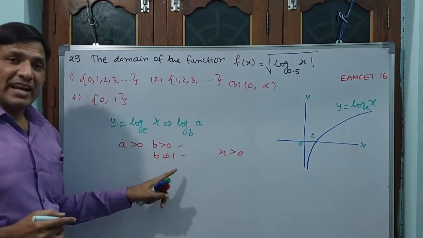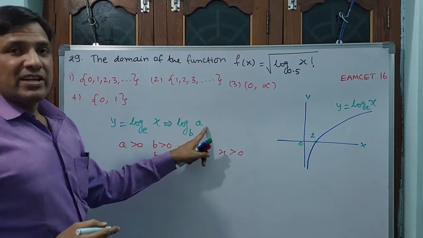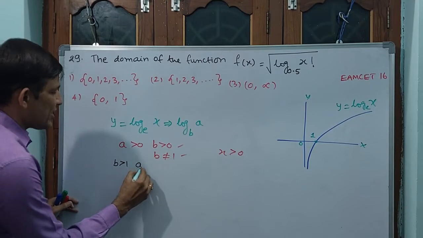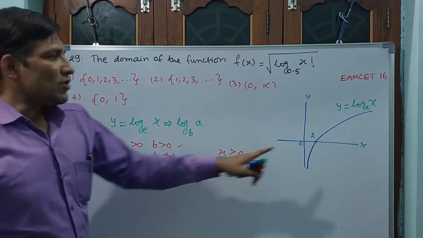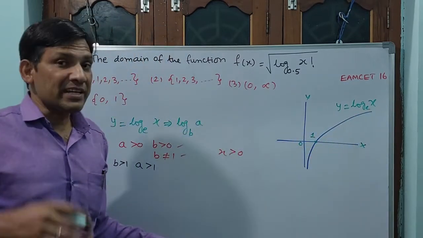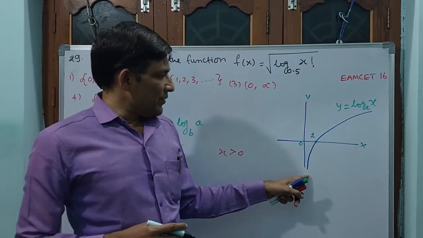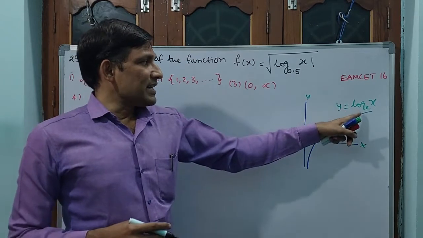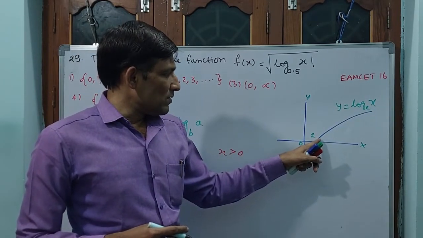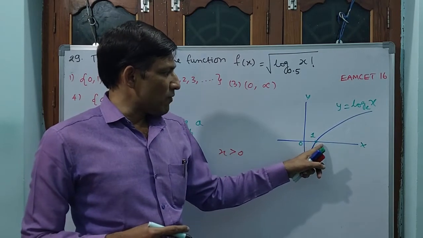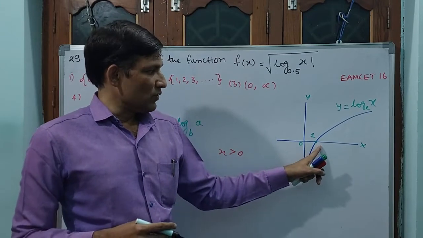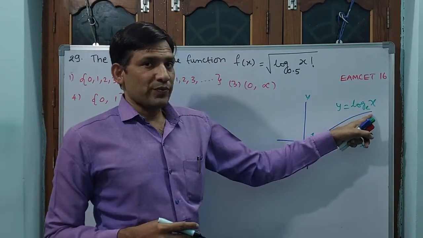Another thing, if the base is greater than 1 and a is greater than 1, you see here I am writing, if b is greater than 1 and a is greater than 1, then a positive value will come. Here base e is 2.78, which is greater than 1. If x is also greater than 1, 1 is the critical point on the x-axis, and the value is going to become positive.